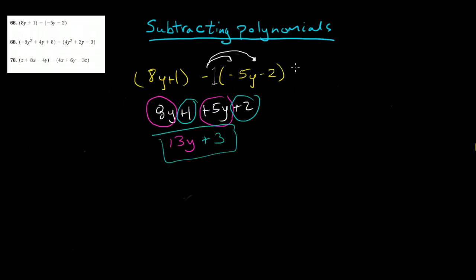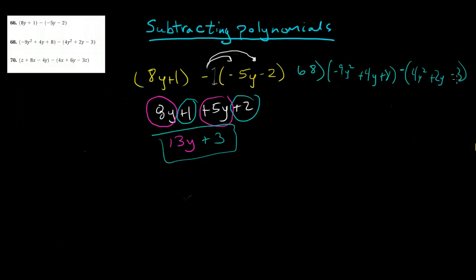Let's take a look at number 68. And let's go back to our earlier strategy as we do this. Negative 9y squared plus 4y plus 8 minus 4y squared plus 2y minus 3.